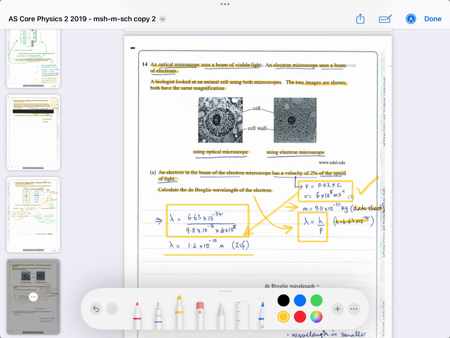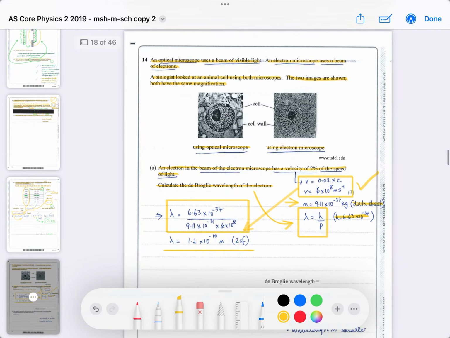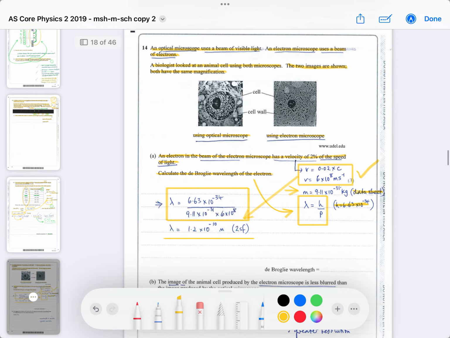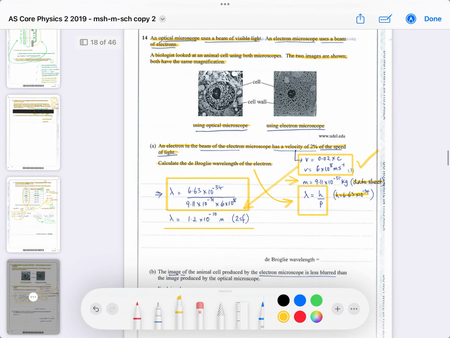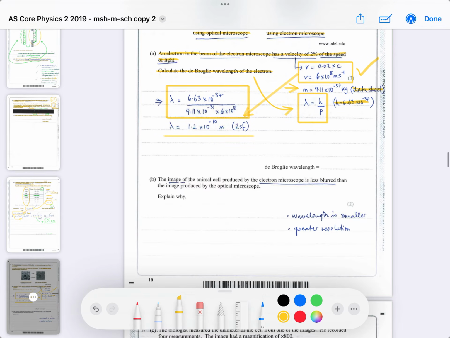Now, as you can tell, 10 to the minus 10 compared to visible light, which is 10 to the minus 7 meters, is 1,000 times smaller than the wavelength of using the optical microscope. Okay, so I should really put that in this space.